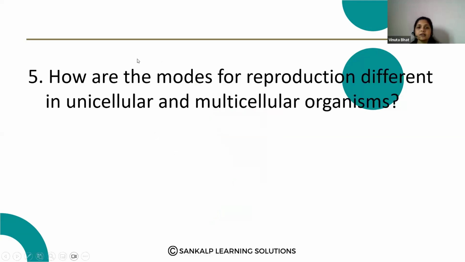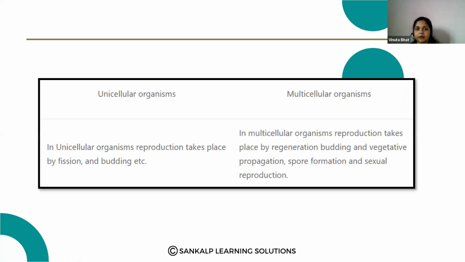Next question. How are the modes of reproduction different in unicellular and multicellular organisms? In unicellular organisms, reproduction takes place by fission or budding or some other methods, but in multicellular organisms, reproduction takes place by regeneration, budding and vegetative propagation, spore formation and sexual reproduction.